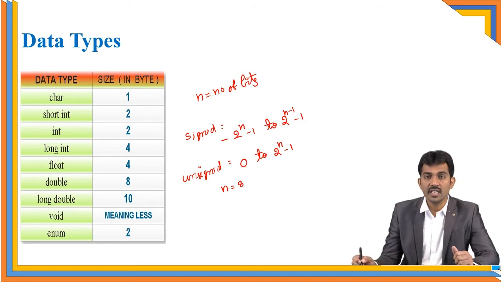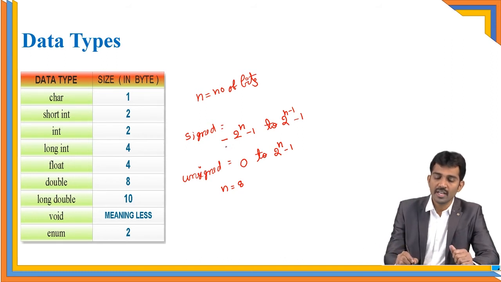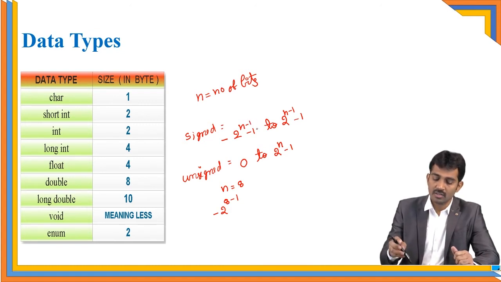Is it signed or unsigned? Just now I told you, if you mention a character, by default it is a signed character. So you are going to take this formula, -2 power 8 minus 1. Sorry, not here. -2 power 7 to 2 power 8 minus 1, minus 1.